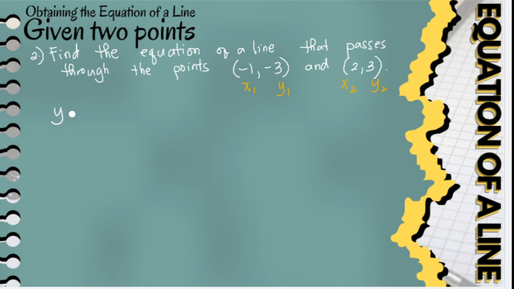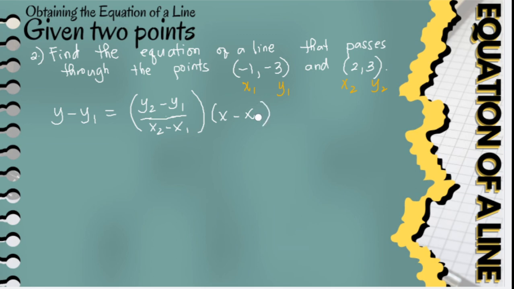So we have y minus y sub 1 is equal to, madali na yung nasa loob ng parenthesis kasi formula yan ng slope, 'di ba? We have y sub 2 minus y sub 1 over x sub 2 minus x sub 1, and then we have here times x minus x sub 1.